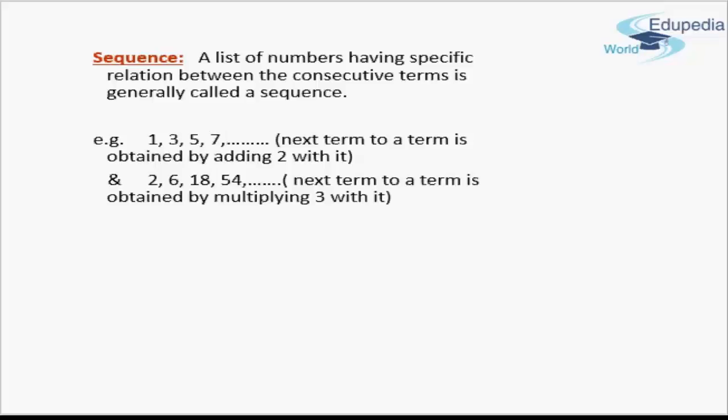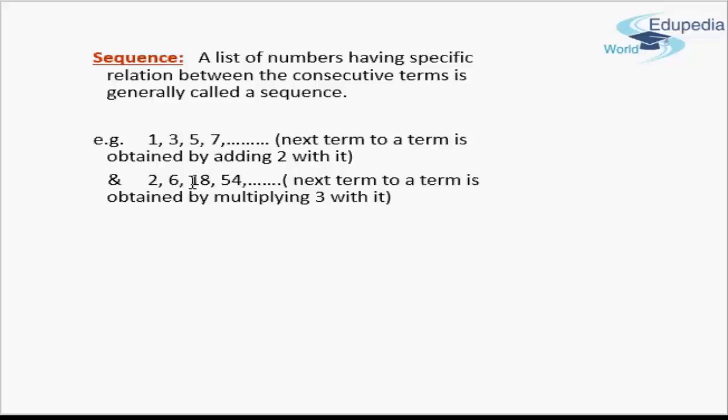Just like that, if you look at the next sequence, we have 2, 6, 18, 54. Over here the relation is different from the previous one. Over here the relation is that of a multiplication. At first you would say, okay, we just add 4 to the first term, we get 6. But if you look at the third term, it should have been 10 by that rationale, if you're just adding 4 to the previous term.